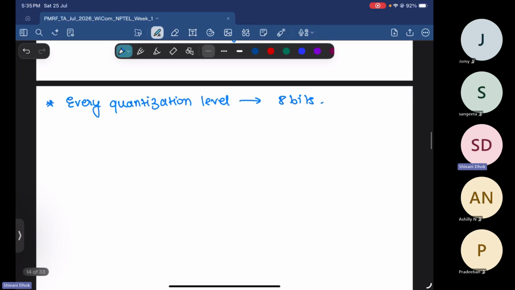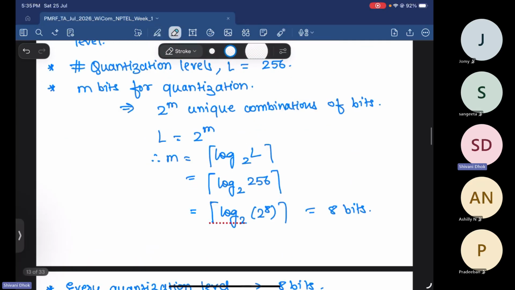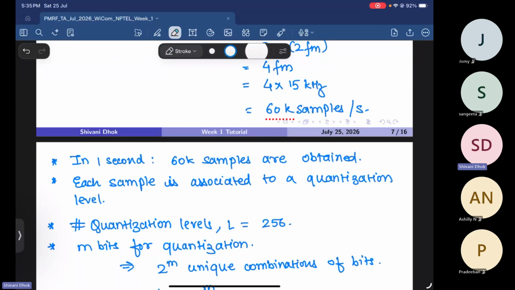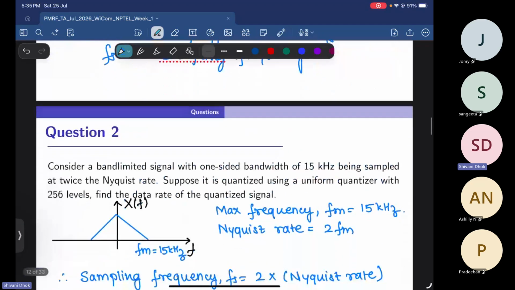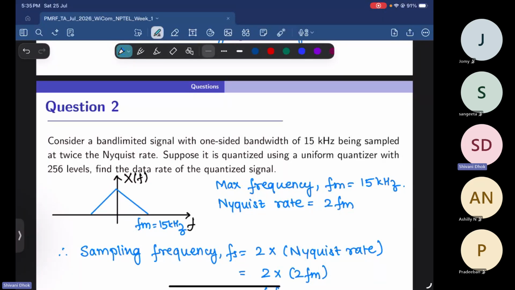Every sample is associated to a quantization level, and every quantization level can be represented using 8 bits, which means that each sample can be represented using 8 bits. Now we understood how the quantization levels and the bits can be associated.